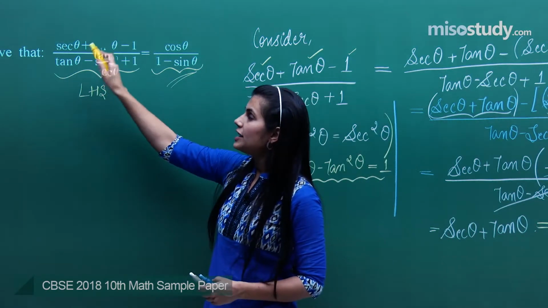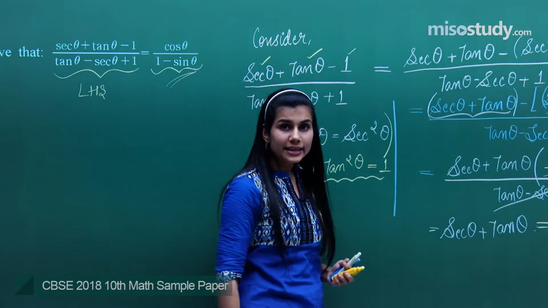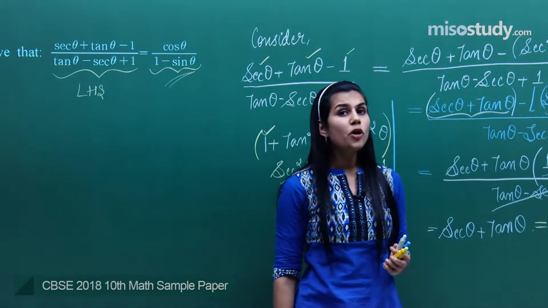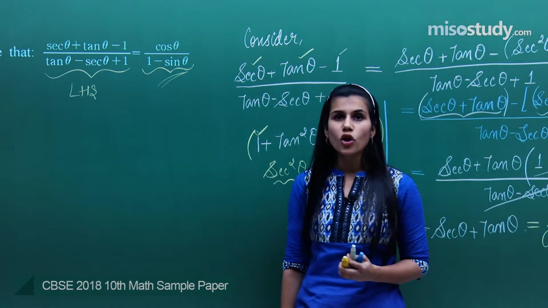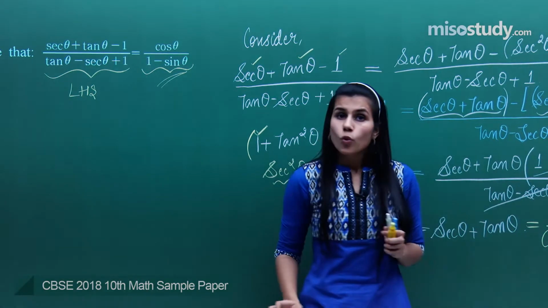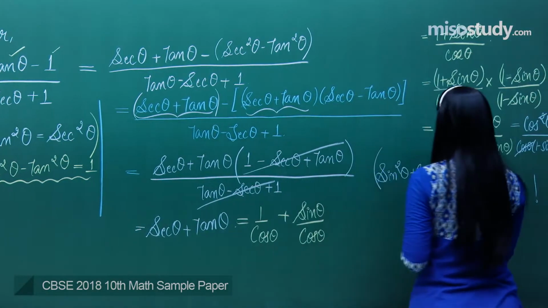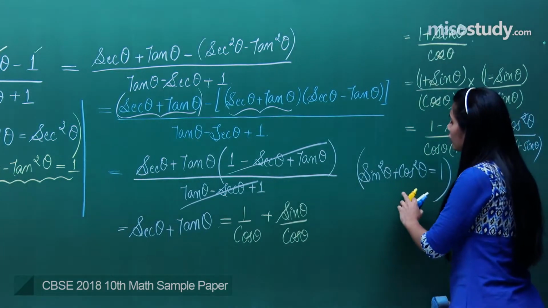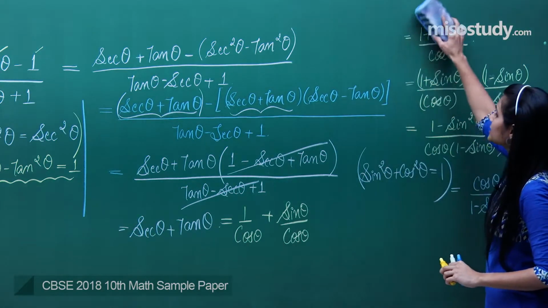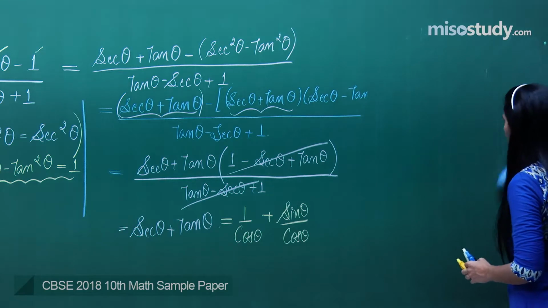That this particular left hand side, an expression consisting of the secant and tan ratios, should somehow be converted into the expressions of cosine and sine ratios. This question, when dealing with the trigonometric identities, has made you remember the trigonometric identity connecting sine and cos, which is sine square theta plus cos square theta is 1.